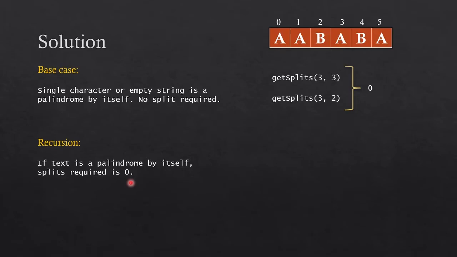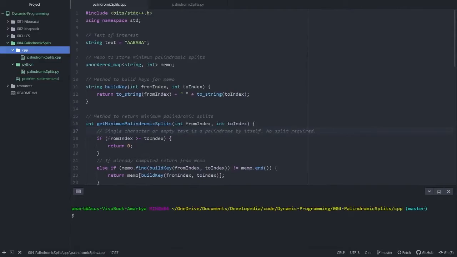Now, let's understand this concept with the code itself. In this example, you have the text as this, and you have a memo. In this case, we can actually use a map, and we could have used a pair of ints, but instead I have used an unordered map, with a built key that takes the from index and to index and converts them into a unique key that stores the value in this map.